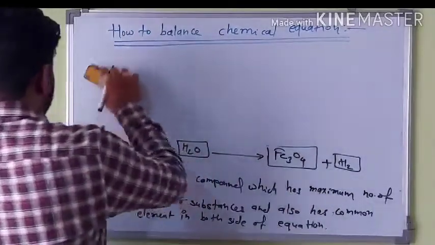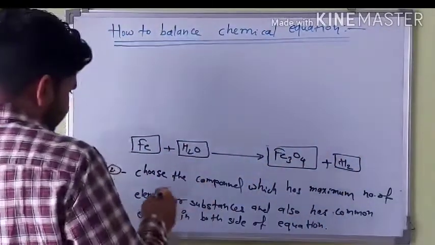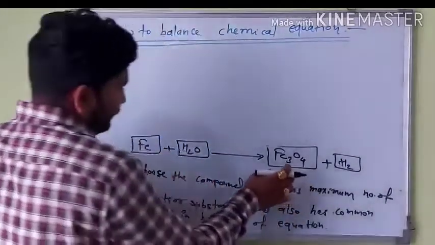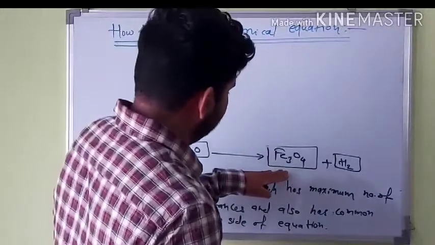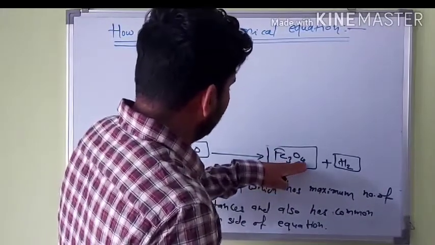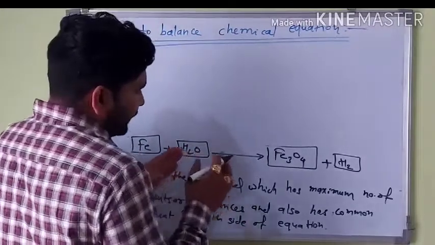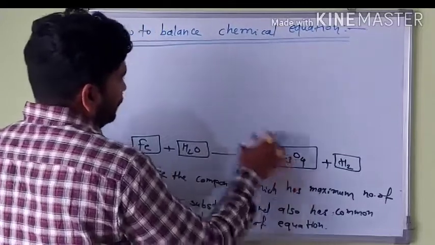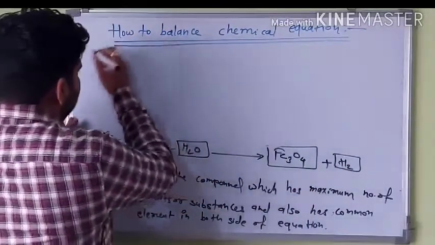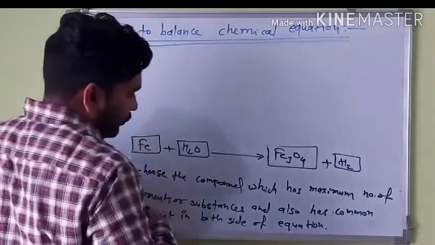So here we first select the compound with the maximum number of elements, and it has iron and also oxygen, and the oxygen is unbalanced in both sides. Here is only one oxygen, here are four oxygen. So first we select oxygen.